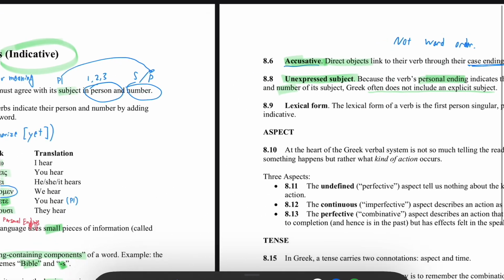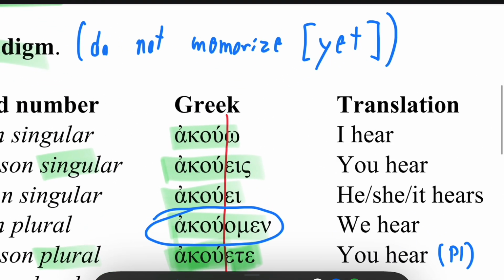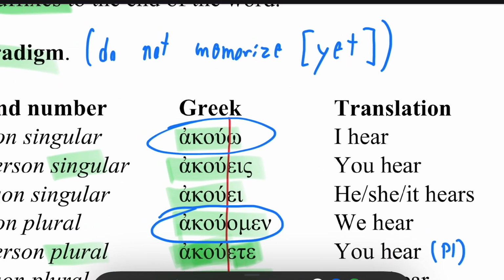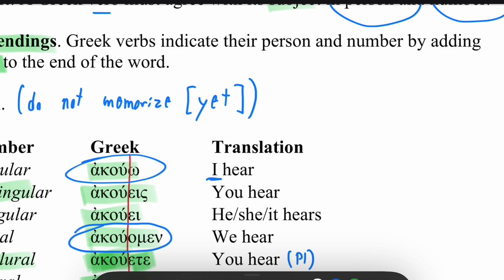So, for example, if I encounter akuo, I know, without having to see ego, that the translation for that is I hear.